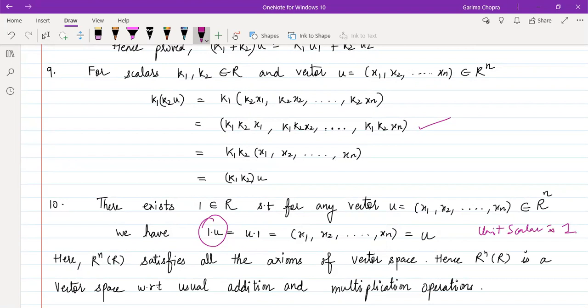So here we have seen that all the 8 axioms along with the closure property, that vector addition and scalar multiplication are closed in the given set of vectors.